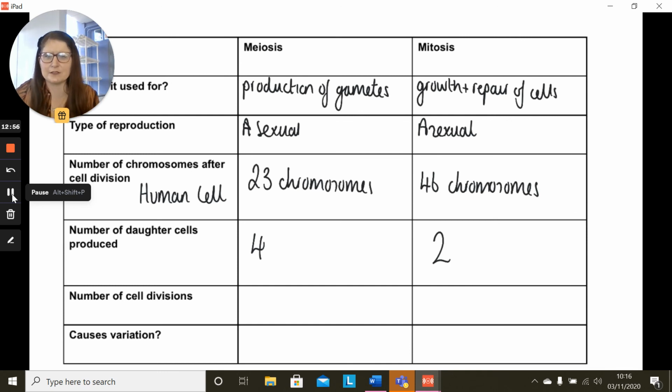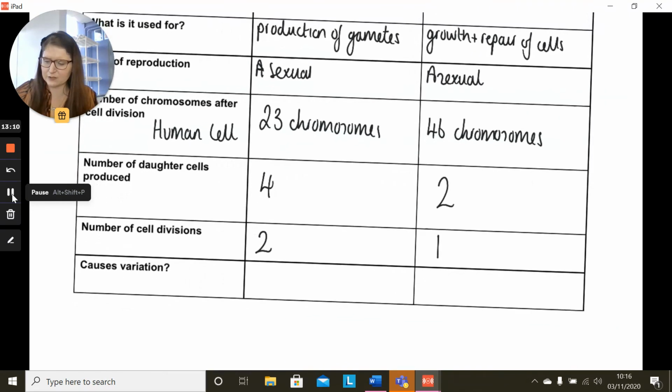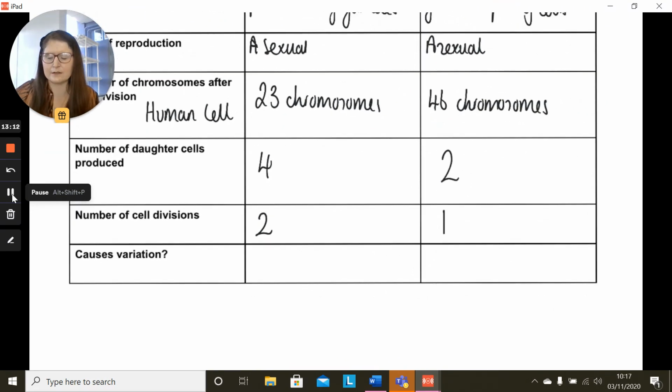The number of cell divisions: in meiosis, the cell divides twice. It divides from 1 to 2, that's one division, and then 2 to 4, that's the second division. In mitosis, it only divides once, from 1 to 2. Does it cause any variation? In meiosis, yes, we do get variation, because we're getting half the numbers.